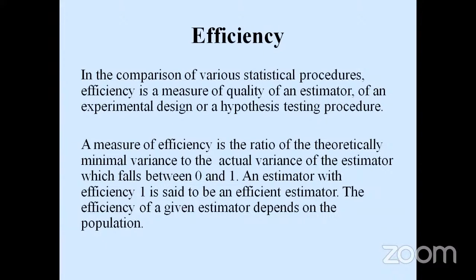The estimator with the smaller variance will deviate less from the true value of the parameter than the estimator with the larger variance. In other words, the smaller the standard error, the greater the precision of the estimator. Hence, the efficient estimator is one whose variance is very, very small. So this is about efficiency.